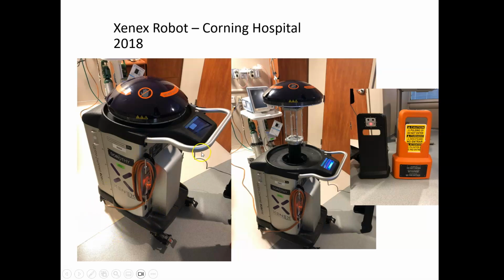And so what they do is, in these rooms, they send in the Xenex robot. In front of the room, they put signs like "Do not enter," because once the robot gets in there, you seal it off so no people go in. It lifts up, and then it shines a UV light through the room, and it moves around and sterilizes the surfaces.